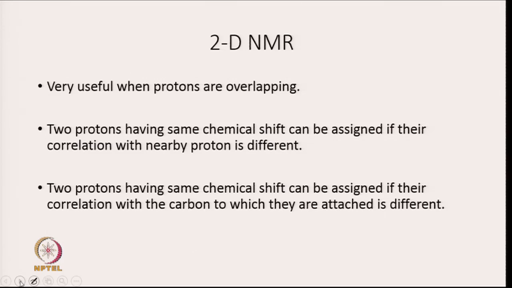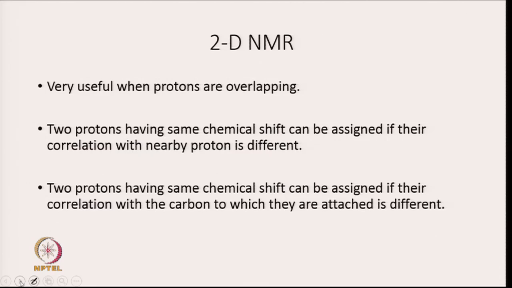Two protons with the same chemical shift can be assigned if their correlation with the carbon to which they are attached is different, and in that you can look at your heteroatom correlation, meaning carbon and proton correlation.